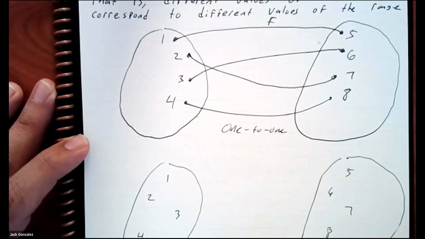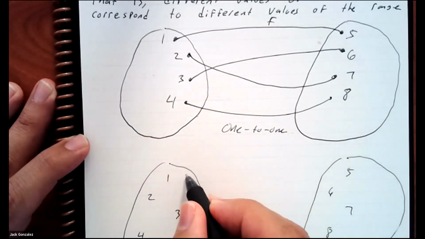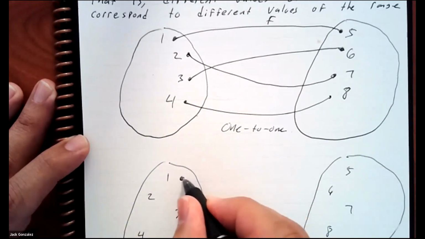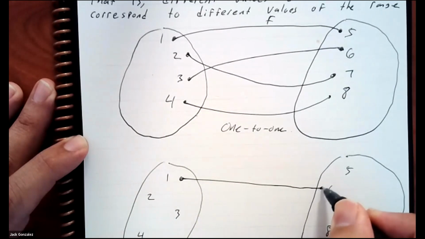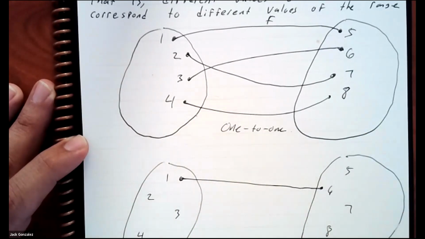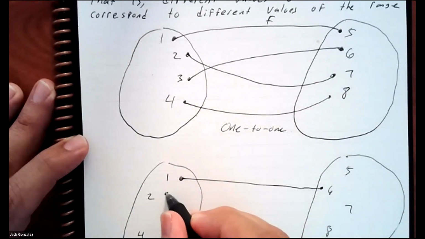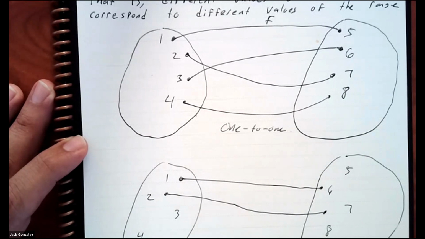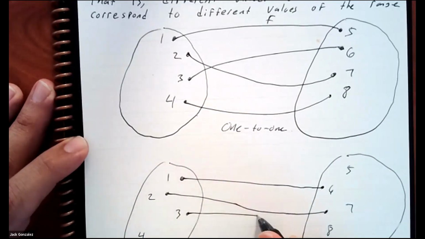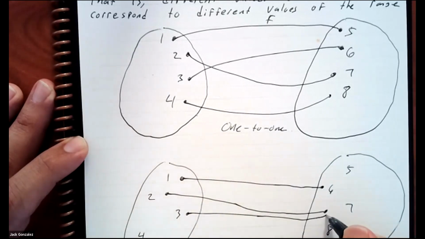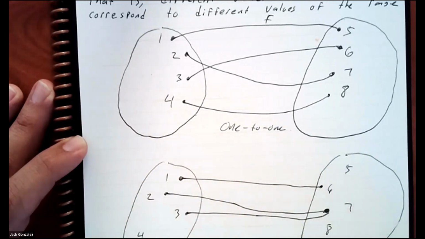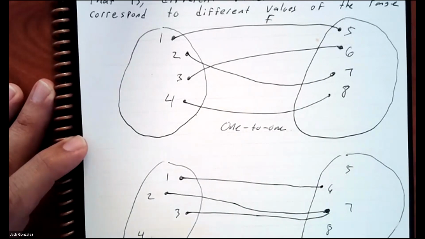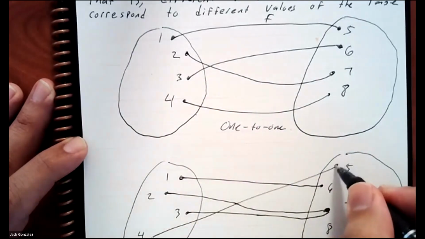Let's say 1 goes to 6. 2 goes to 7. 3 also goes to 7. So this is where it fails the one-to-one definition. 4 goes to 5.